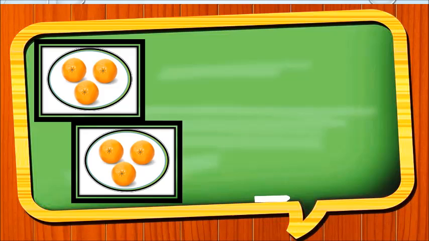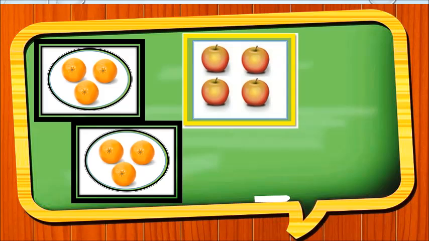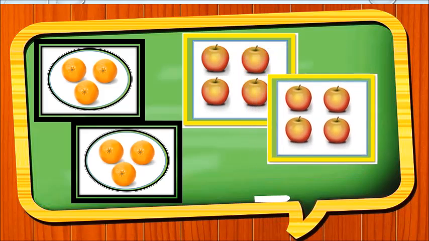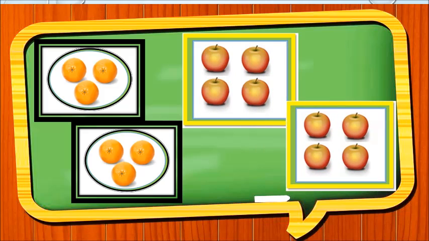Another group, 3 oranges. So there are 2 groups of oranges. Next, I have 4 oranges. No, is that orange? That is an apple. And another group of apples.